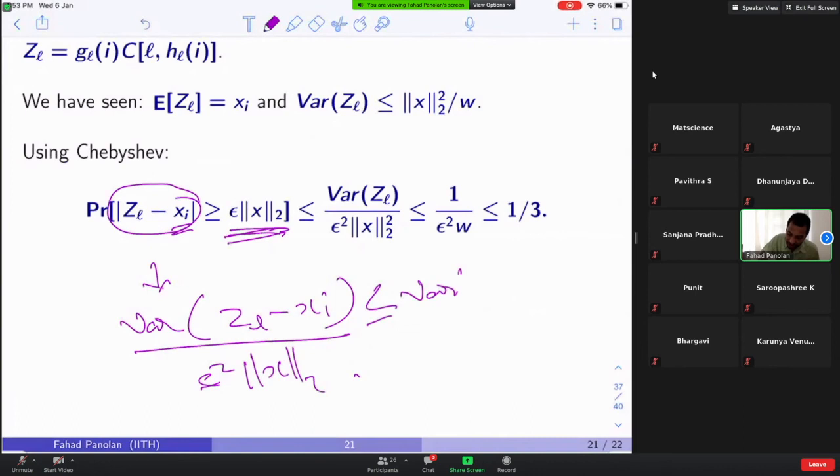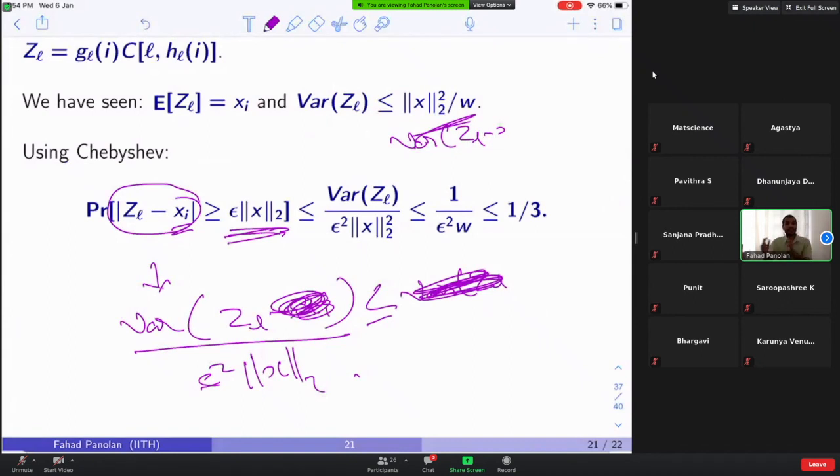Now, the variance of this is, sorry, actually equal to the variance of ZL. Let me see. We just need to write it like this.